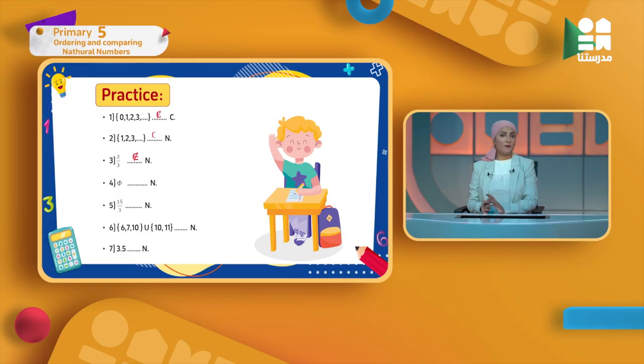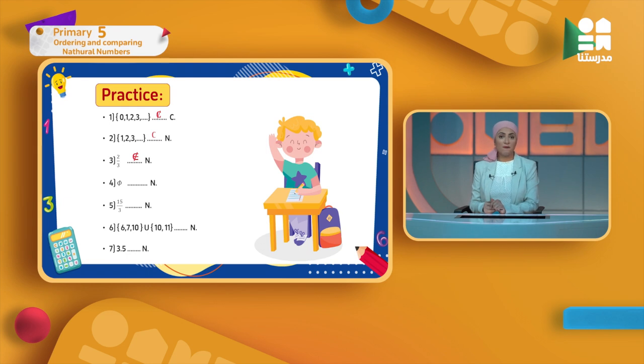Number 4, 5, is it a part of the set of natural numbers or not? If you remember, we said before that phi is a subset of any set in the world, while not every set is a subset of phi.